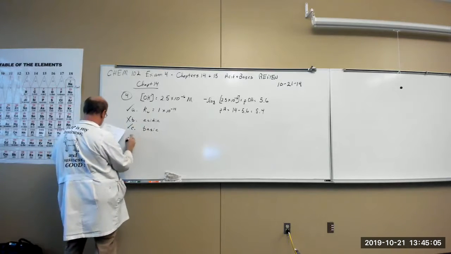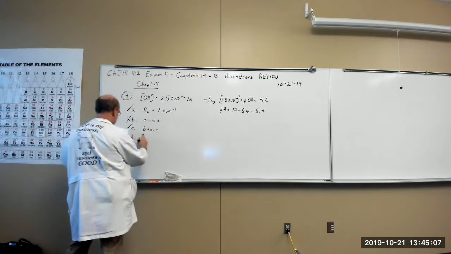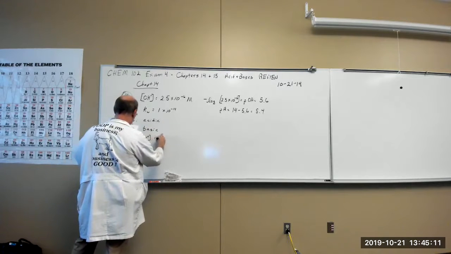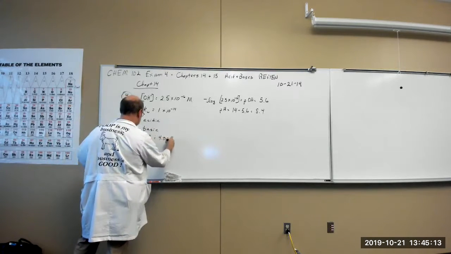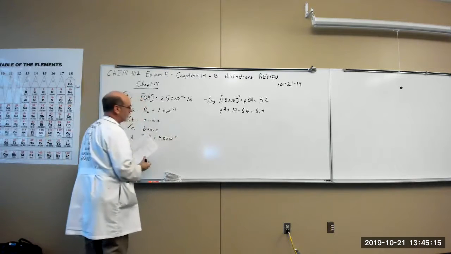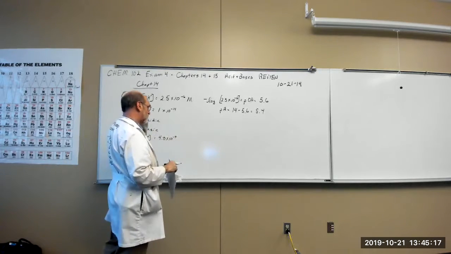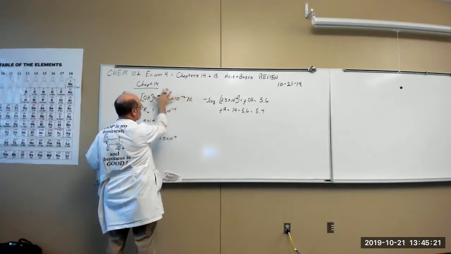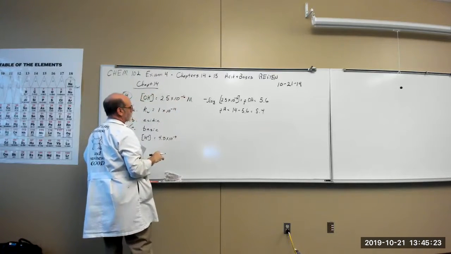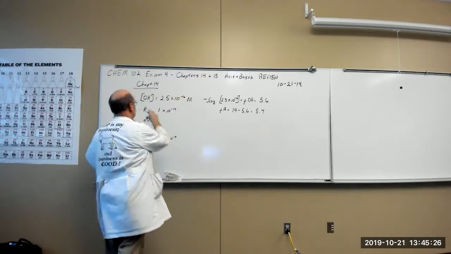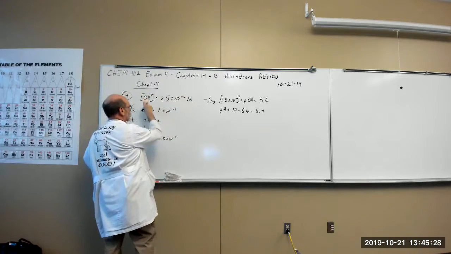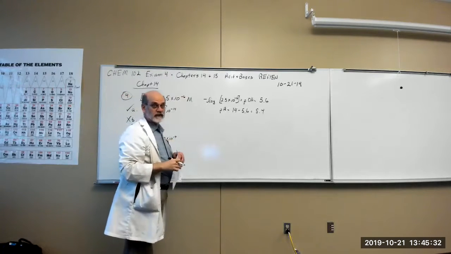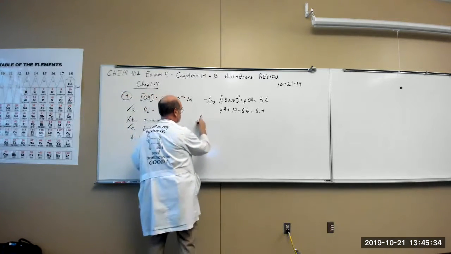What about D? The hydrogen ion concentration equals 4.0 times 10 to the minus 9. Well, we can do this two different ways. We can use an equilibrium expression for this, based on hydrogen ions times hydroxyls equals 10 to the minus 14, right?